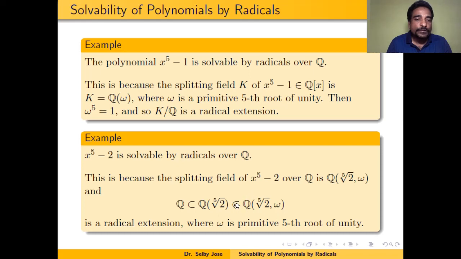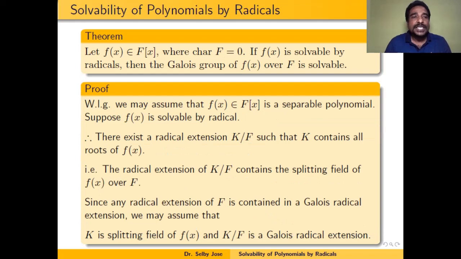Therefore, Q(fifth root of 2, omega) over Q(fifth root of 2) is a simple radical extension. And also (fifth root of 2)^5 is equal to 2 which is in Q. Therefore, Q(fifth root of 2) over Q is also a simple radical extension. Therefore, Q(fifth root of 2, omega) over Q is a radical extension. And therefore all the roots of x^5 - 2 lie on the top of the radical extension. Therefore by definition x^5 - 2 is solvable by radicals over Q.